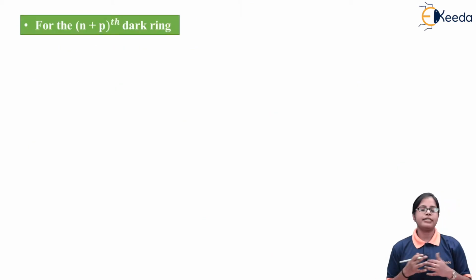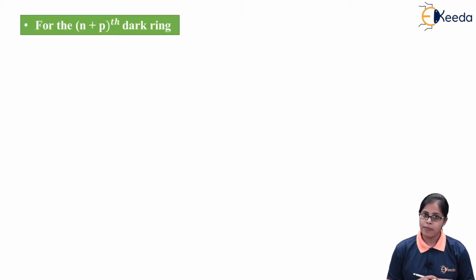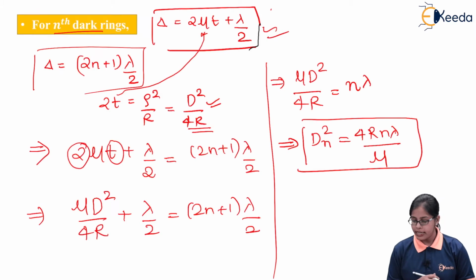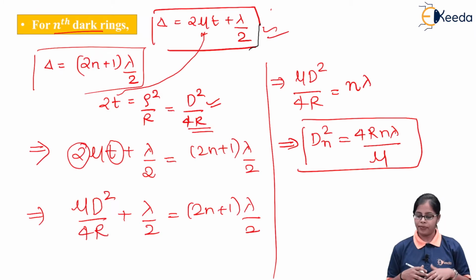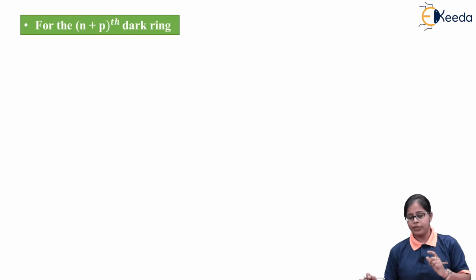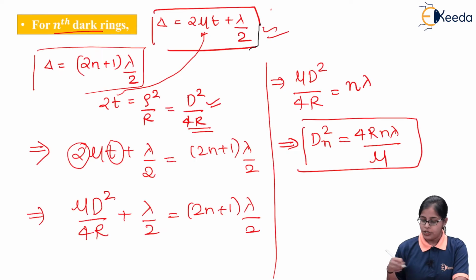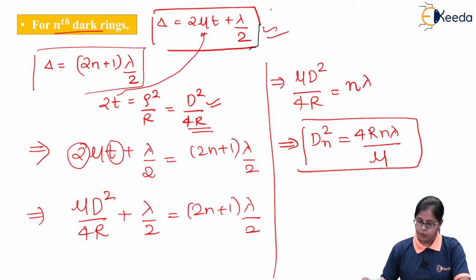Now, suppose we consider one more dark ring, that is the (n plus p)th dark ring. In that case, the way we have calculated the diameter of the nth ring, in a similar manner we can write the diameter of the (n plus p)th ring. We just have to make the replacement: instead of n, we have to write n plus p.